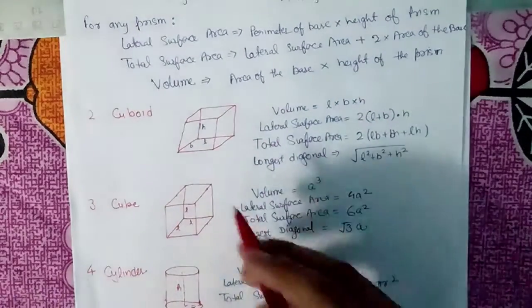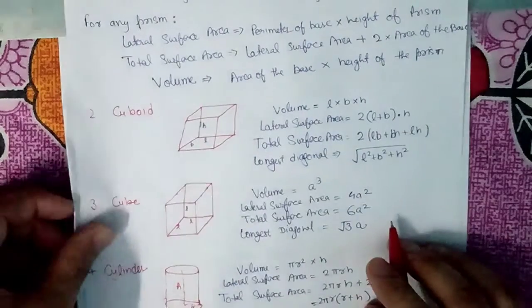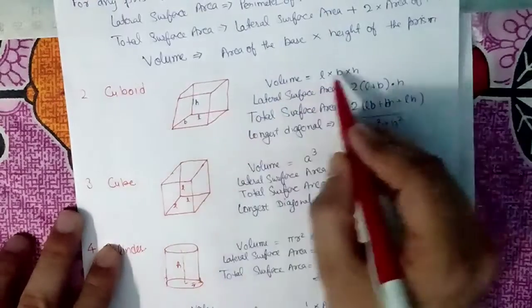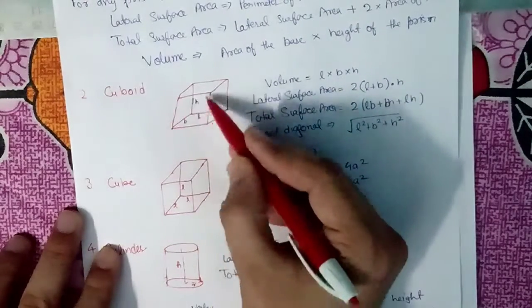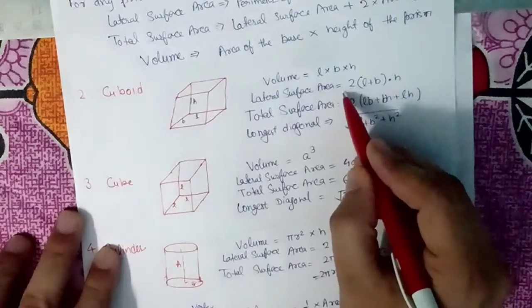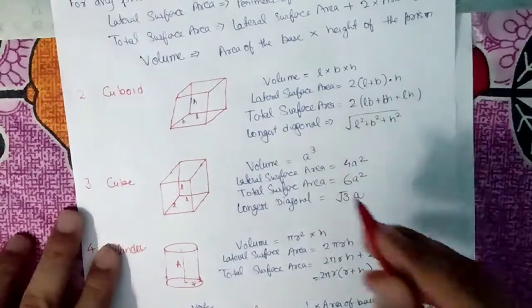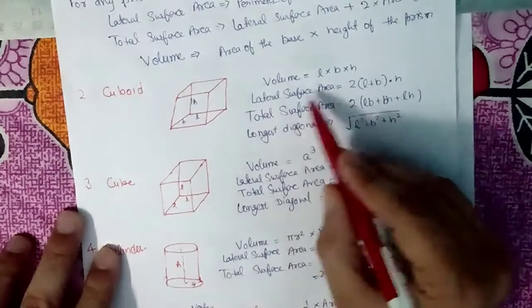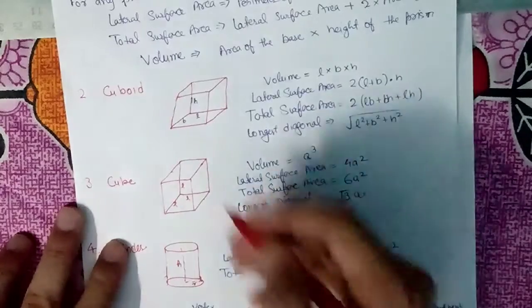Cuboid is a type of prism. We have different lengths here, L, B, H. The volume of this cuboid will be equal to L into B into H. The lateral surface area, except these two surfaces, will be equal to 2 into (L plus B) into H. Total surface area is the lateral surface area plus 2 into area of the base.